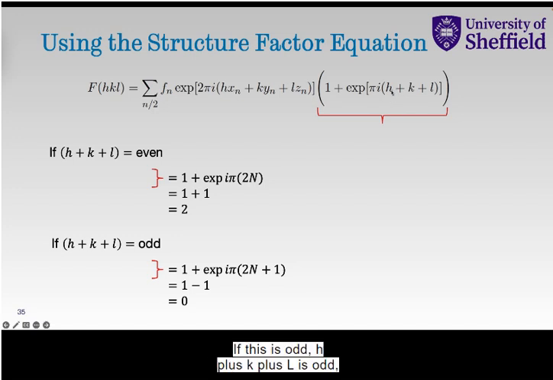But if h plus k plus l is odd, then this term becomes an odd multiple of pi i, so the exponential is going to be equal to minus 1. So this is 1 plus minus 1, which is equal to 0. We've got this term multiplied by 0, so our entire structure factor equation becomes equal to 0.